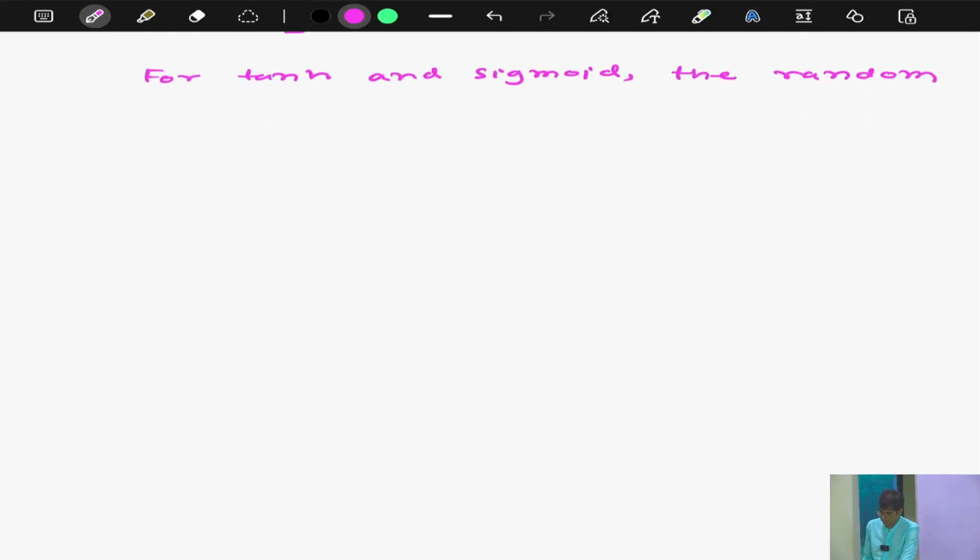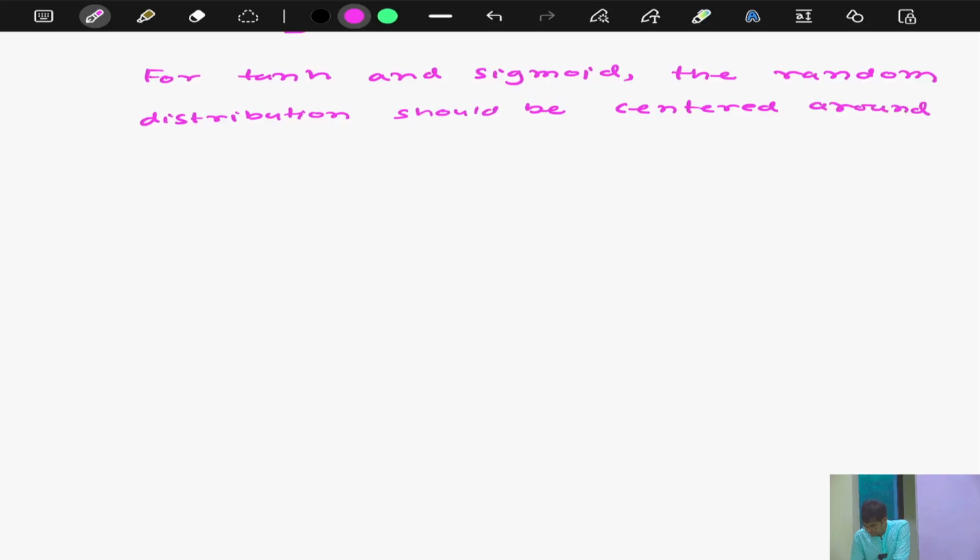Then I said for tanh and sigmoid, the random distribution should be centered around 0.